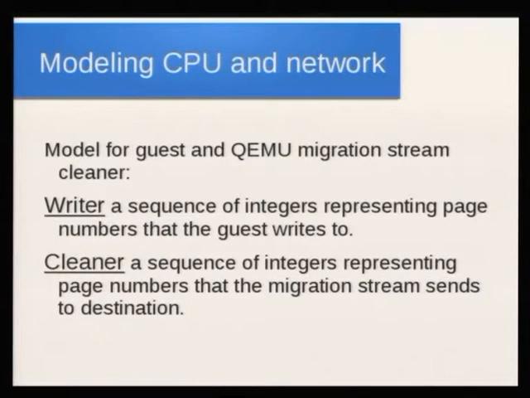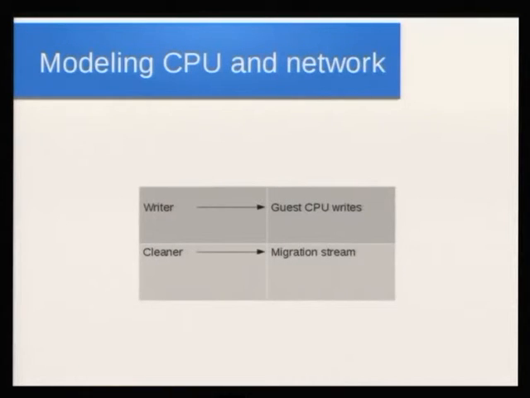In the model, writer is a sequence of integers that represent the page numbers that the guest writes to in memory. And cleaner is a sequence of integers representing the page numbers that the migration stream sends to the destination. I wrote this for the migration people: when they see writer, they should think guest CPU writes, and when they see cleaner, they should think migration stream.